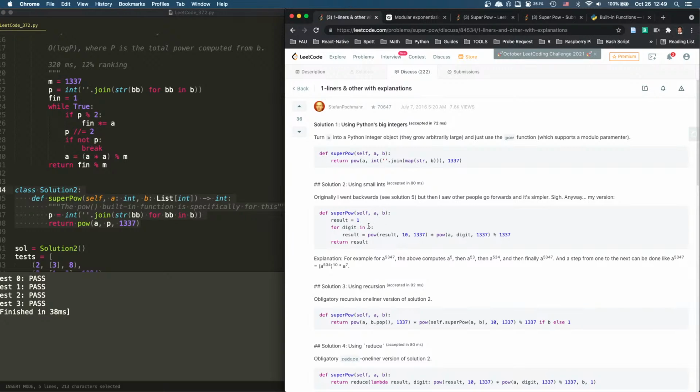For each digit, we can do the above computes a to the fifth and a to the fifth, and then finally, and the step from one to the next can be done like, huh?